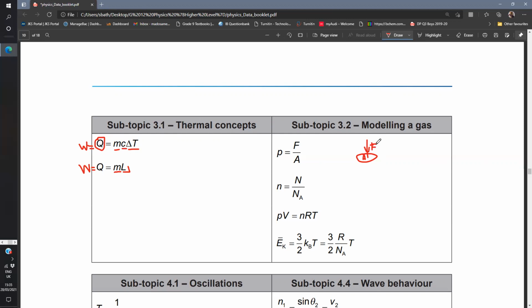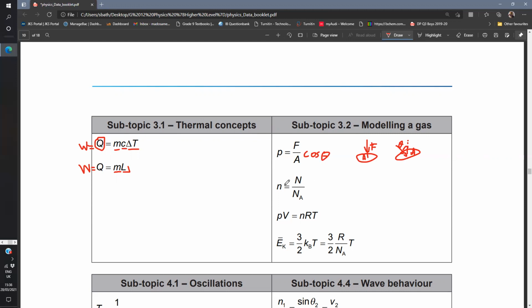However, what if this force was applied at an angle to the normal? So this is theta, and this is the area. In this case, it's F over A cosine theta. You have to keep that in mind when you're solving.